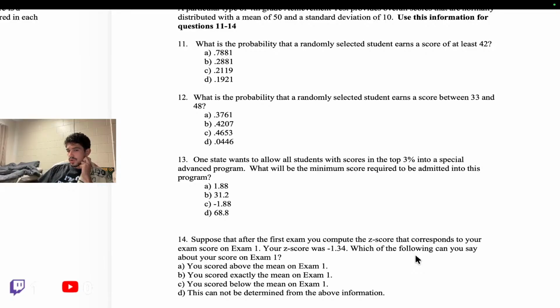So what we know is that if our z-score is negative 1.34, then we can get the percentage range. We don't know how good we did. However, we can set up an equation to solve that.